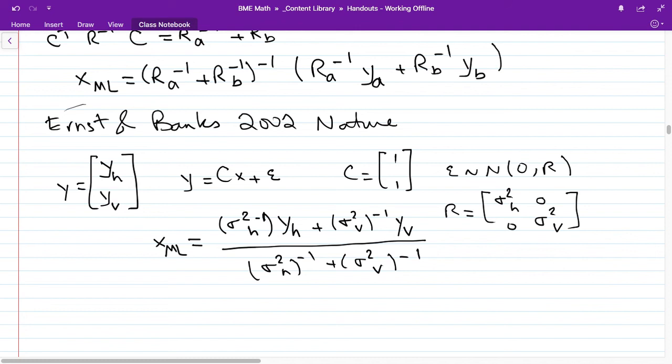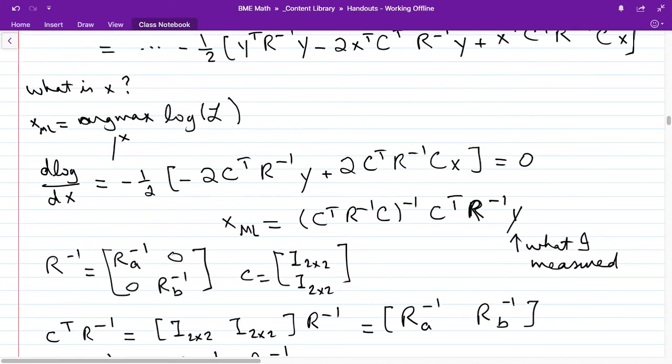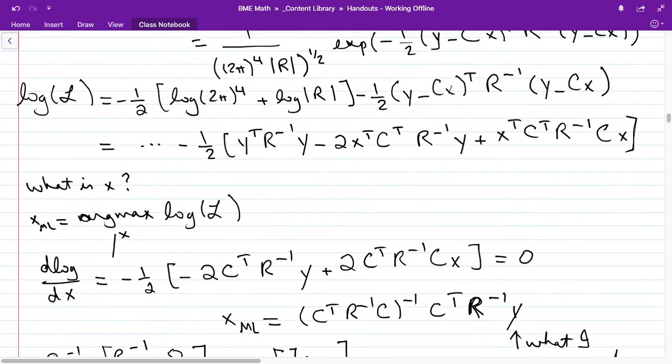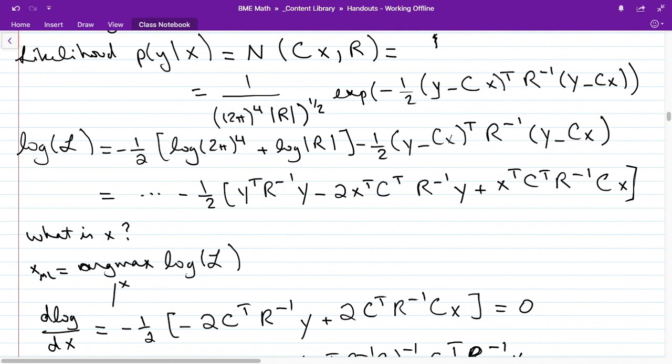Okay, so we're not done. There's one more important element here that I haven't told you about, and that has to do with the concept of variance of my estimate. Remember that when we did our maximum likelihood estimate, we had this term R that was the variance.